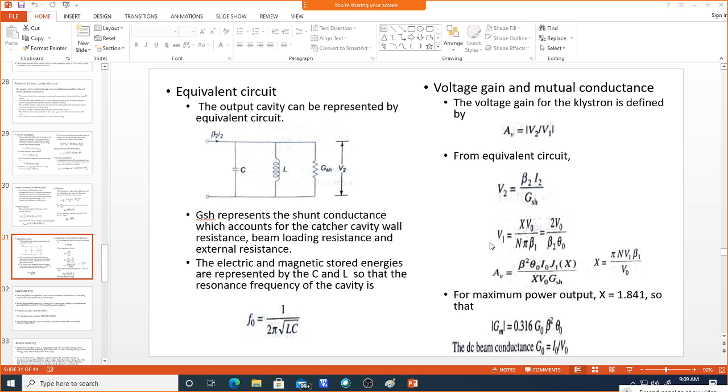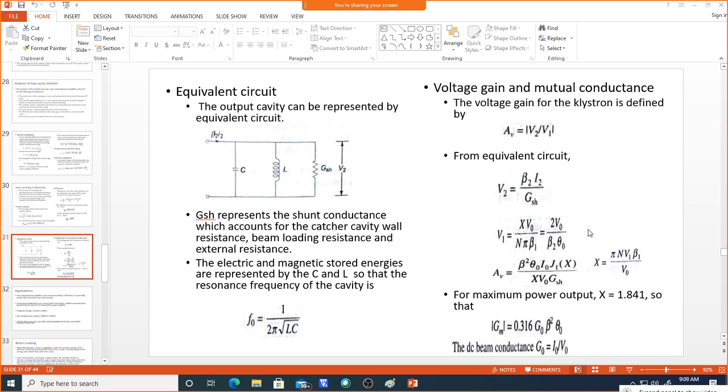And V1 at the input cavity we can define using X, the bunching parameter, and V0, the beam voltage, divided by N, the mode number. Beta 1 is the coupling coefficient at the input cavity. So now we can write V1 in terms of this.